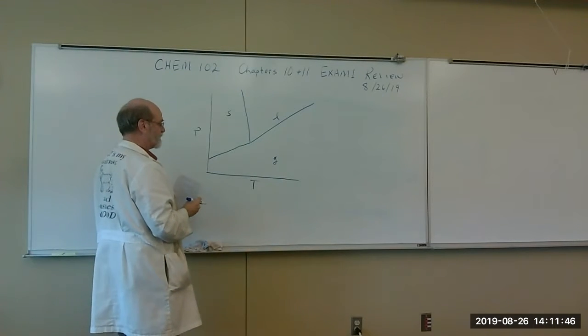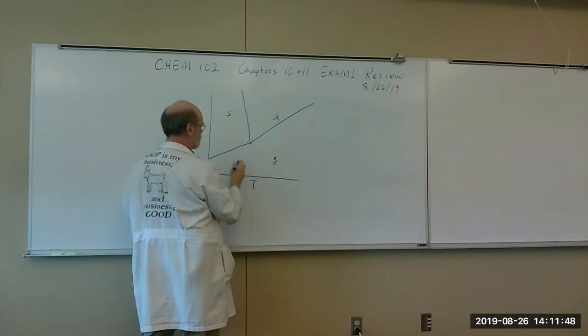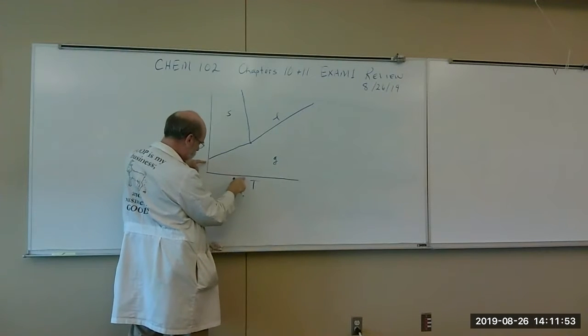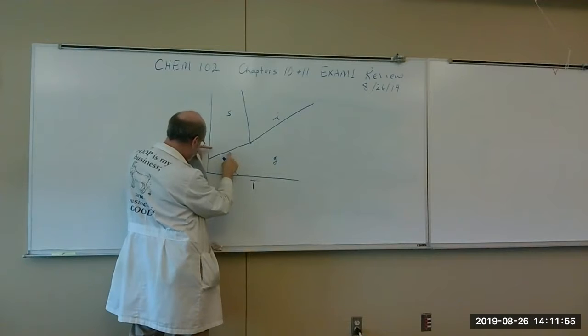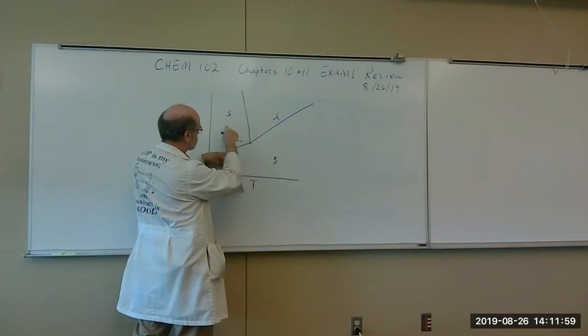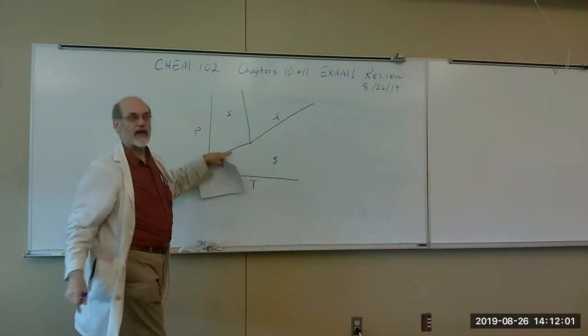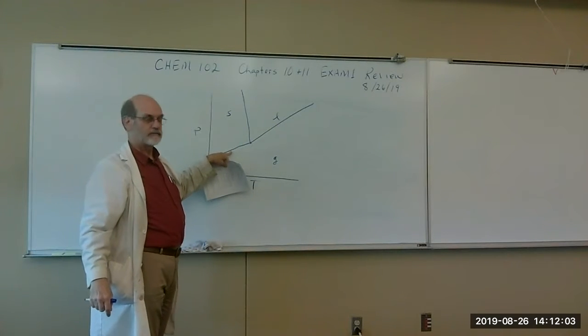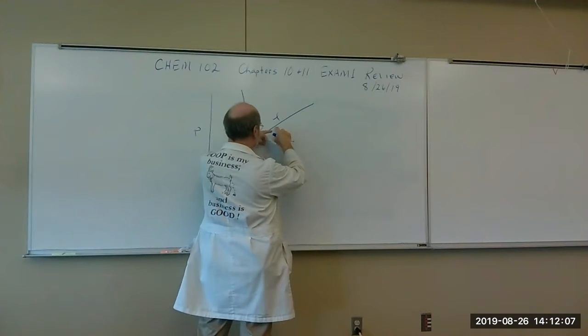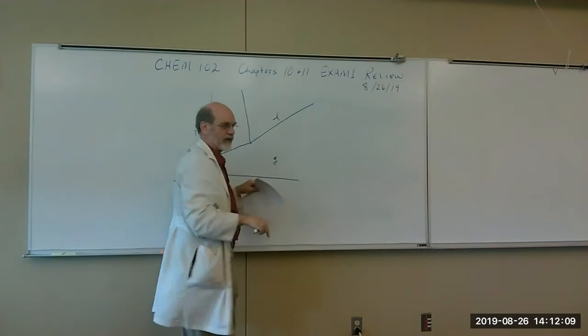Now, what do these lines mean? Well, the lines mean that for this temperature and pressure, at that temperature and pressure, you have solid and gas at the same time. For this line, at that temperature and pressure, you have liquid and gas at the same time.